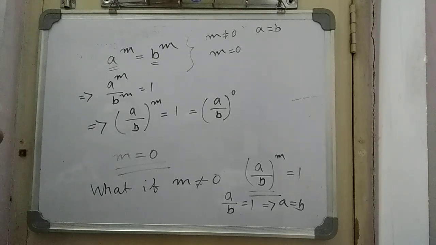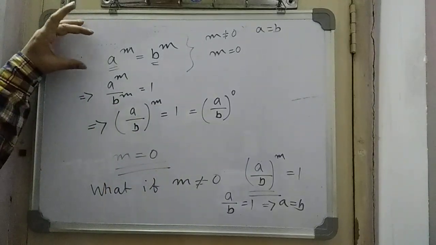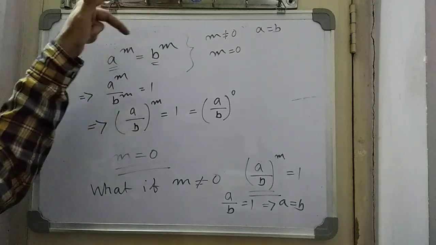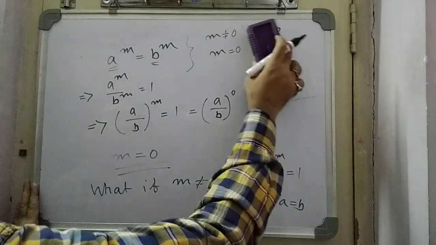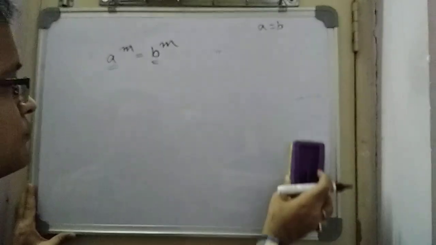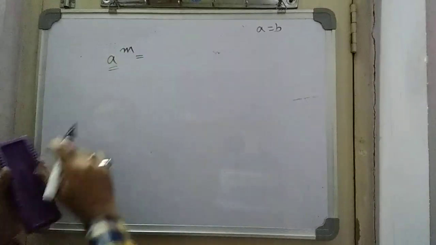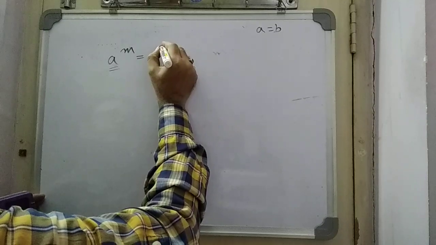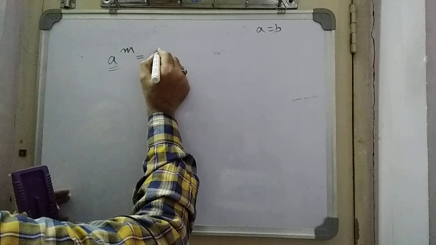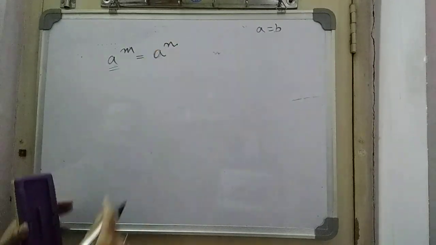Now we will go to another kind of property. Here we saw a to the power m equal to b to the power m, so the index was same and the base was different. We will do something different this time, with the base the same and the index different.